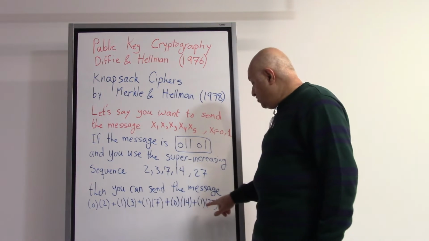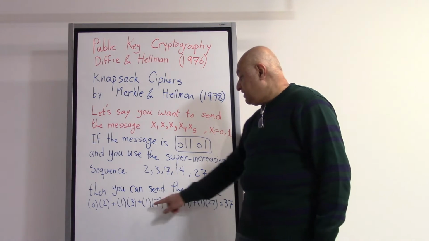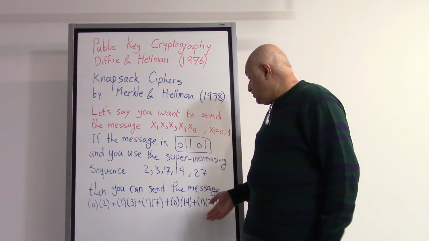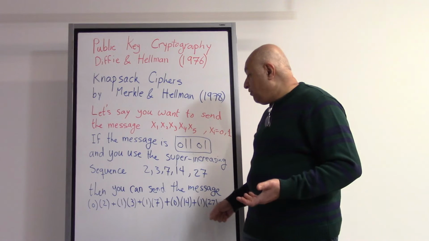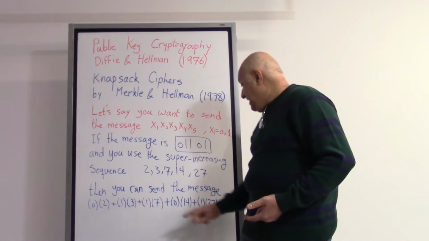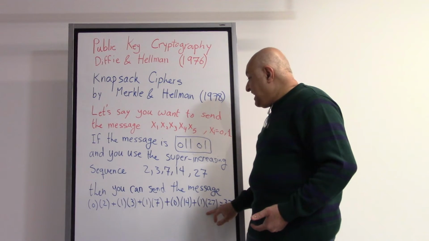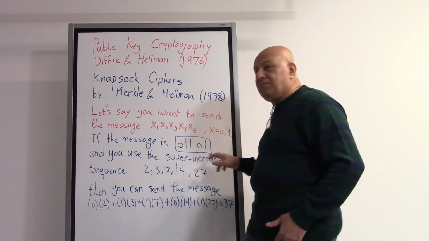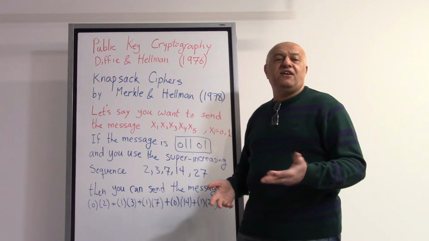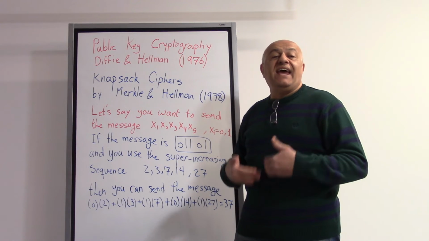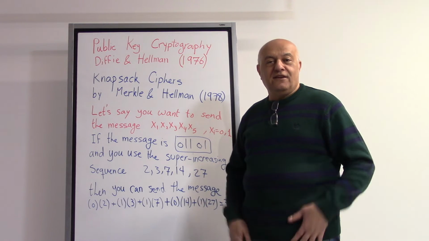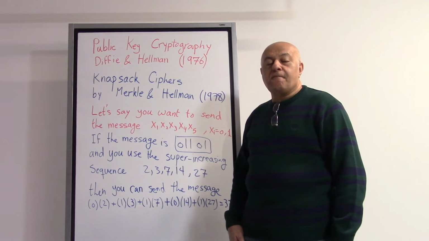So that means there should be 27, no 14, 7, 3, and no 2, which gives you back what? 1, 1, and 1 in here. That means you should have 0, 1, 1, 0, 1, which is the message that you send. So this way you can easily encipher and then decipher that message, and you are done.